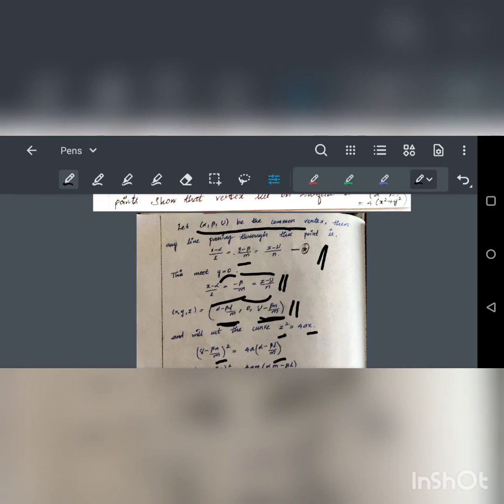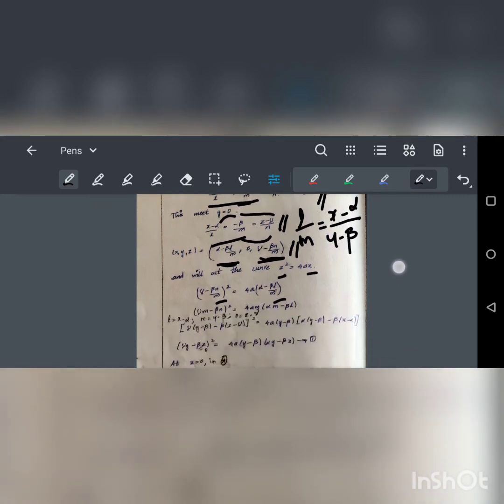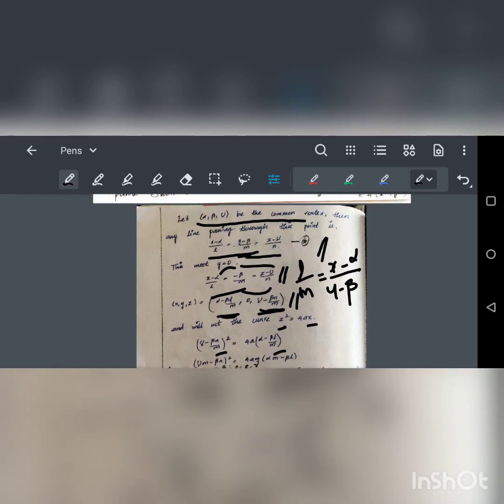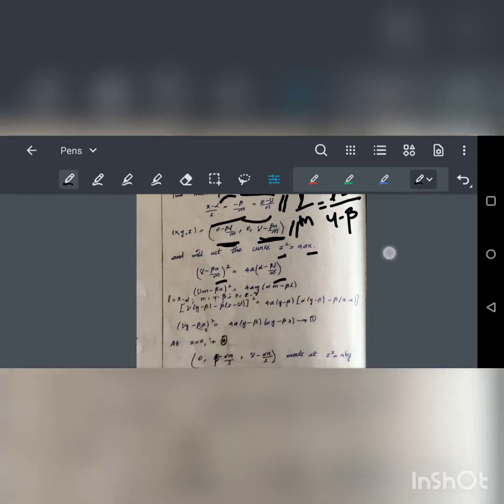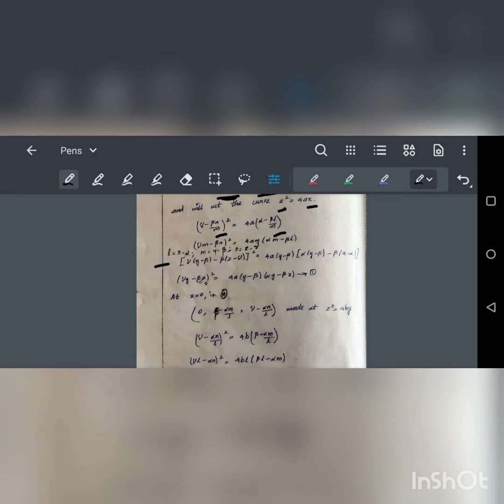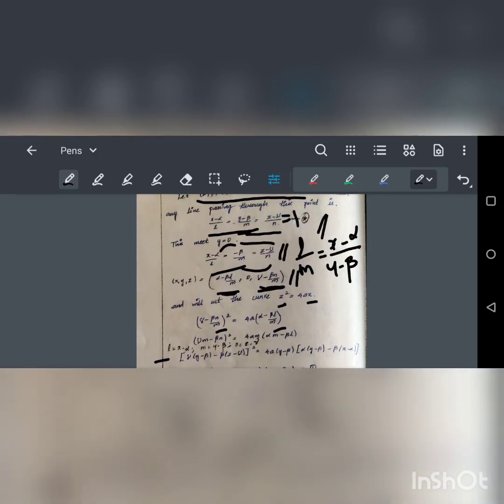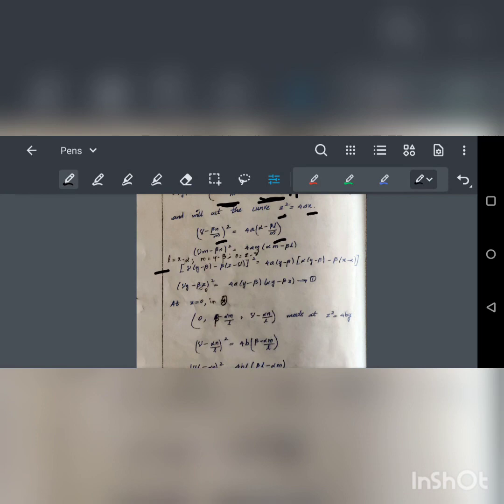Go back here: l divided by m, when you collect these two, is x minus alpha divided by y minus beta, and n divided by m is z minus gamma divided by y minus beta. Or else you can equate everything to 1 and find the value for l as x minus alpha, m as y minus beta, and n as z minus gamma. Replace it back here and simplify, and you will get this first equation.